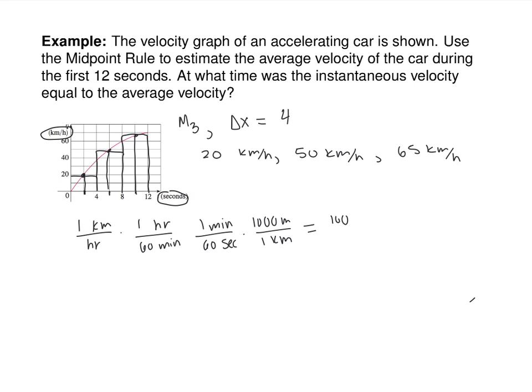So that's 1,000 over 3,600, or 10 over 36, or 5 over 18. So multiplying by this will change our kilometers per hour into meters per second.